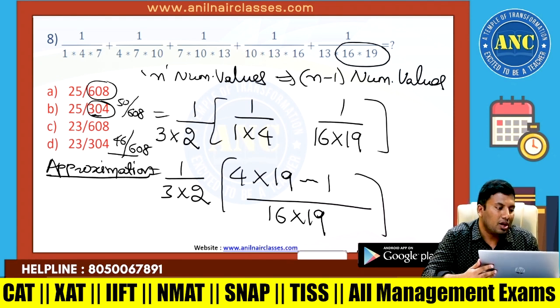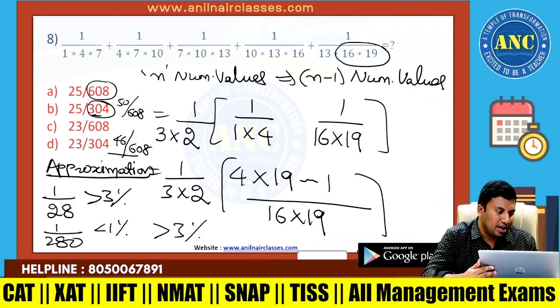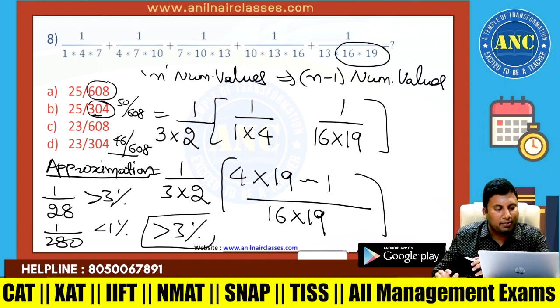Approximation. 1 by 1 into 4 into 7 is 1 by 28, greater than 3%. 1 by 280 is just less than 1%. So the answer has to be just greater than 3%.